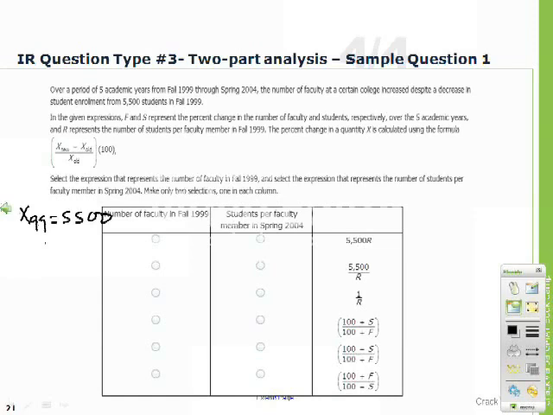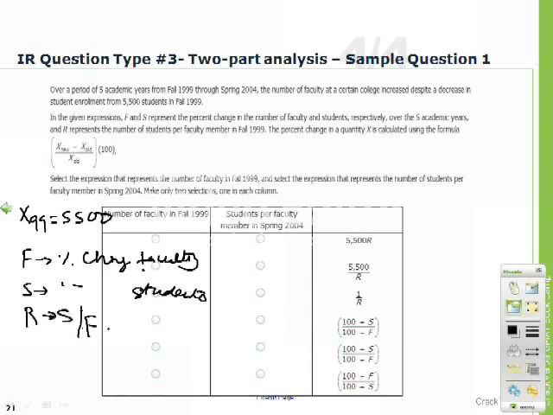F is the percentage change in number of faculty, and S is the percentage change of students. Anything else? R is the students per faculty member in 99, that is, S99 by F99.